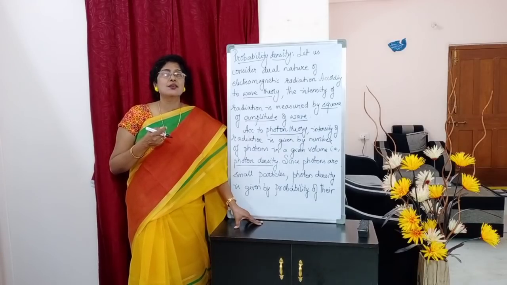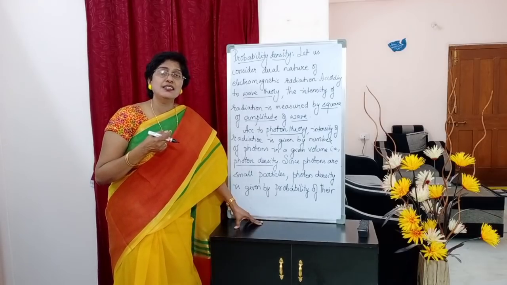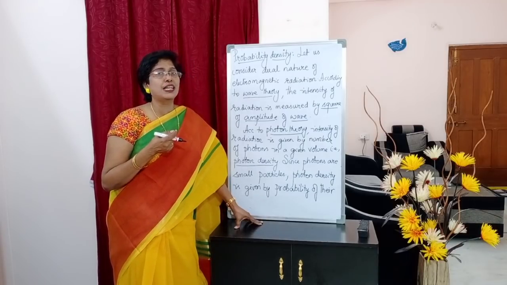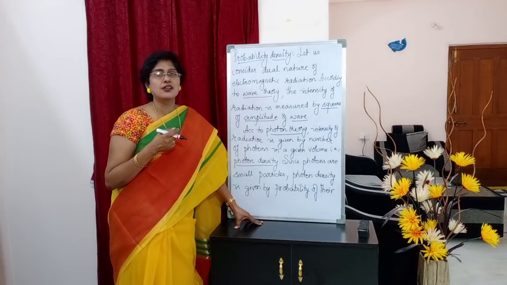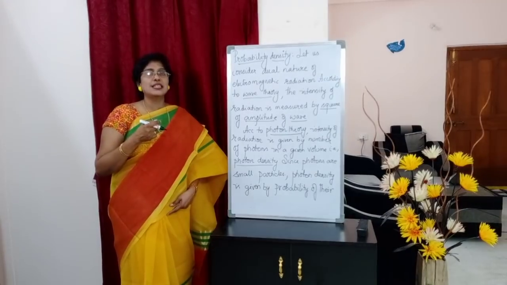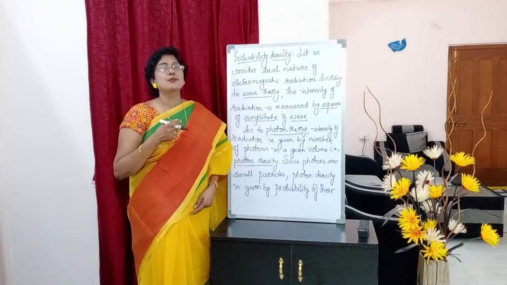But there is a possibility of finding the probability of the position of that electron. Therefore, when we do not know the correct position or the correct information, we use the word probability.